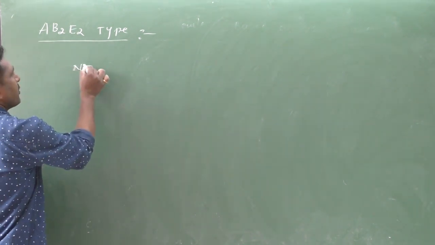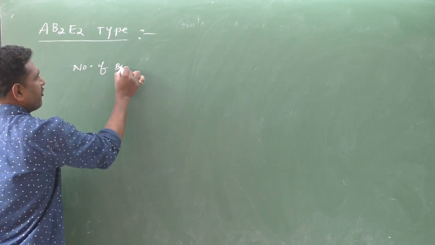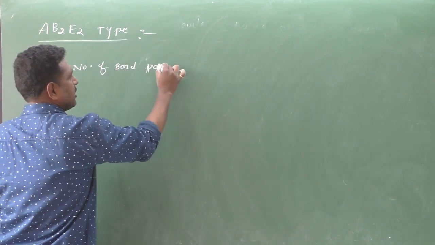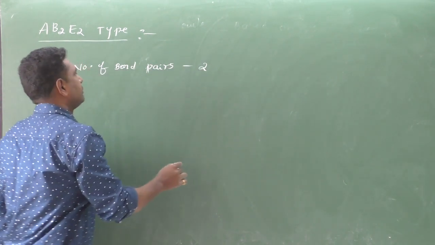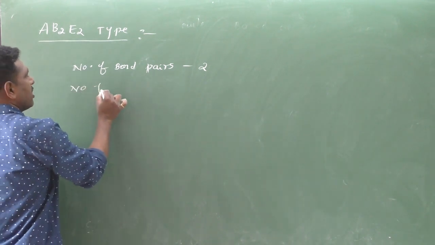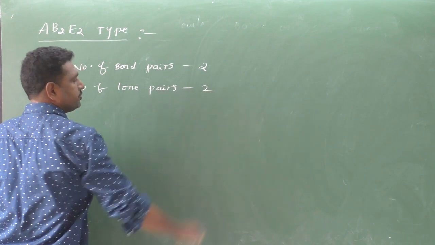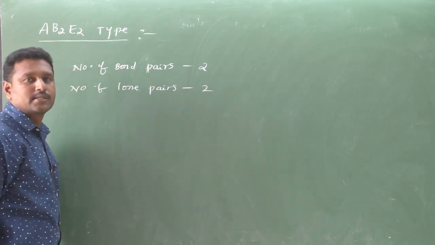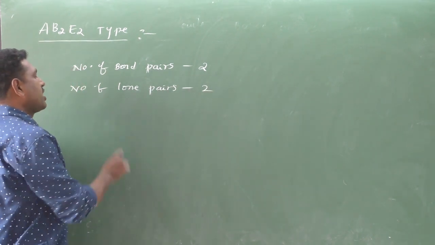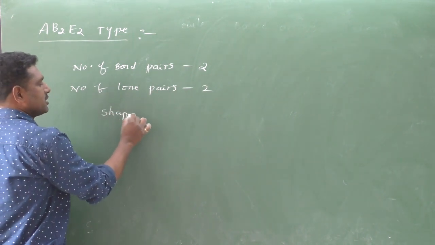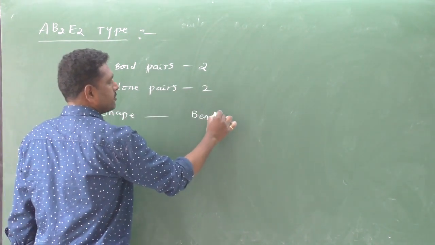The number of bond pairs is 2, number of lone pairs is 2, and the shape is bent shape.